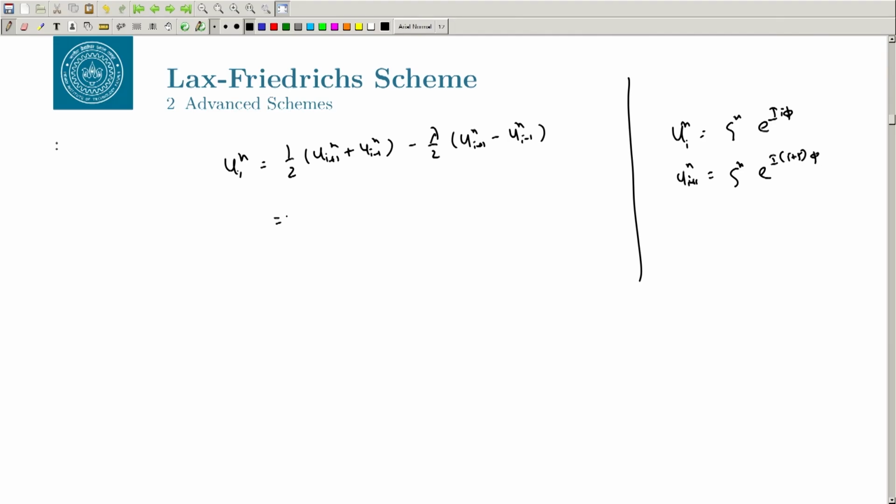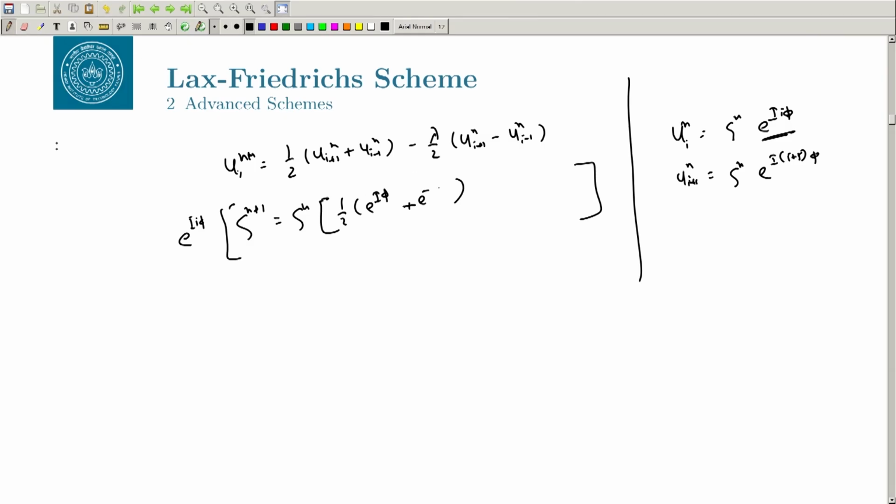If you use this value, this is my n plus 1, so e to the power n will come out everywhere, and this is half (e to the power I phi plus e to the power minus I phi). Basically I am taking e to the power I i phi common on both sides, so the entire thing is multiplied by e to the power I i phi.